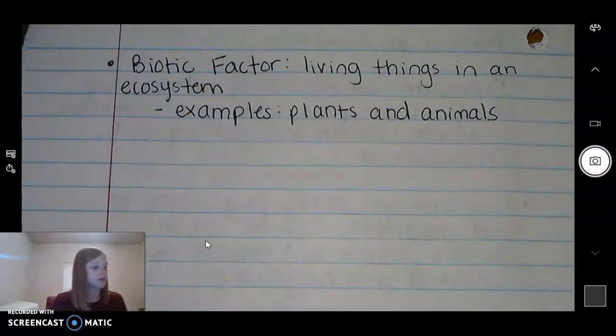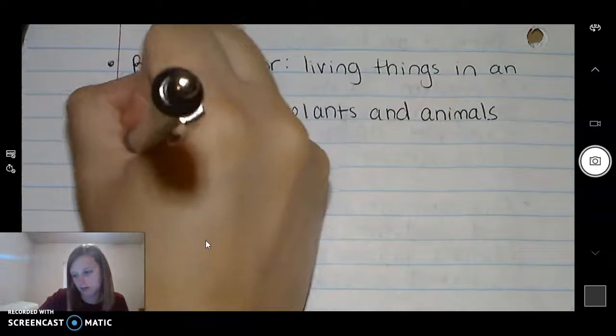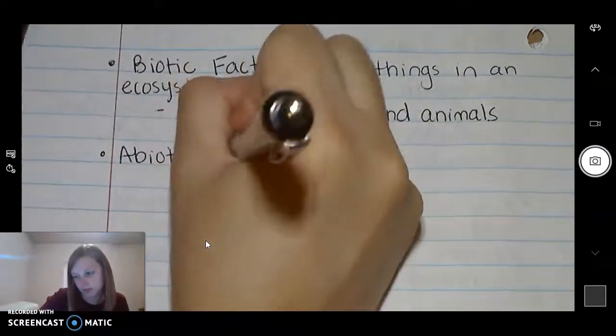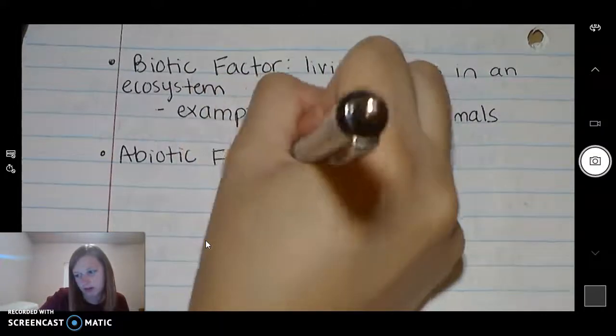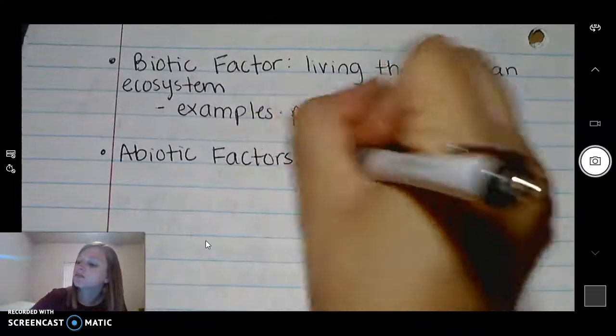Okay, so next we're going to add abiotic factors. And these are the non-living things in an ecosystem.